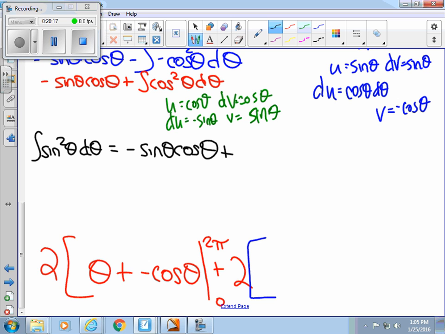That was from the original. Plus v times u, which is sine theta cosine theta. Good so far. Minus the integral of v du, which is negative.